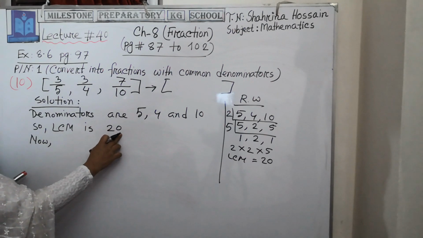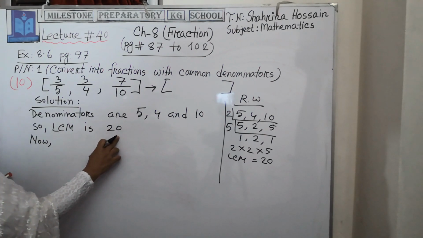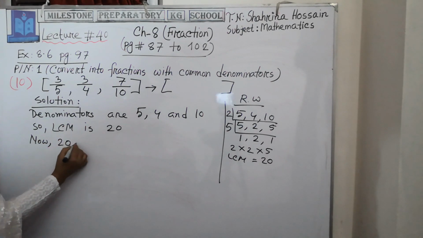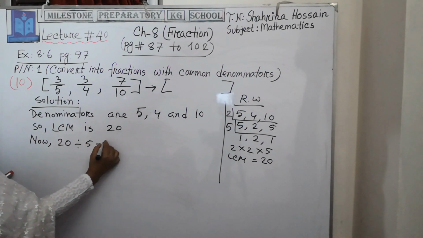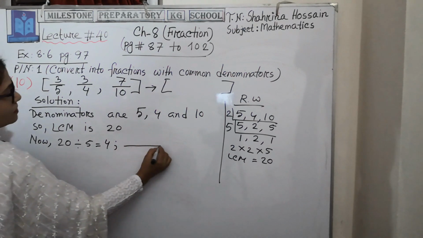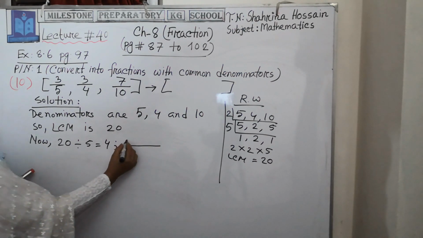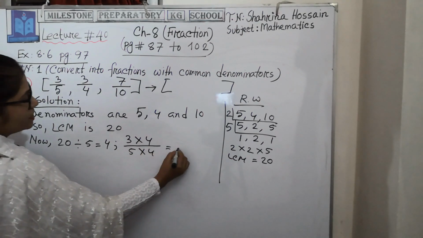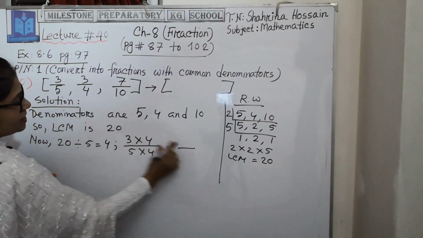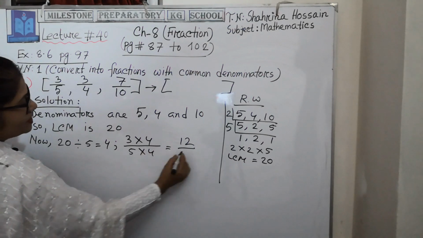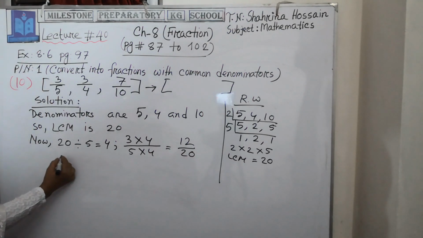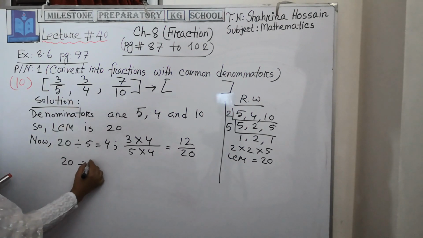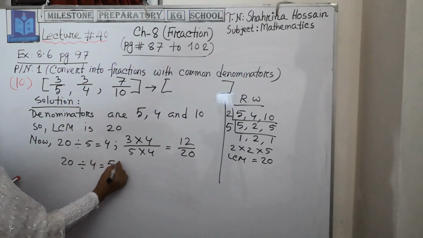Now whatever I am getting as the LCM 20, now this LCM we divide by 5. 20 divided by 5, my answer is 4. Now I will multiply 3 into 4, 5 into 4. That means 4 3s are 12, 4 5s are 20. Now 20 divided by this denominator 4, I will get 5.